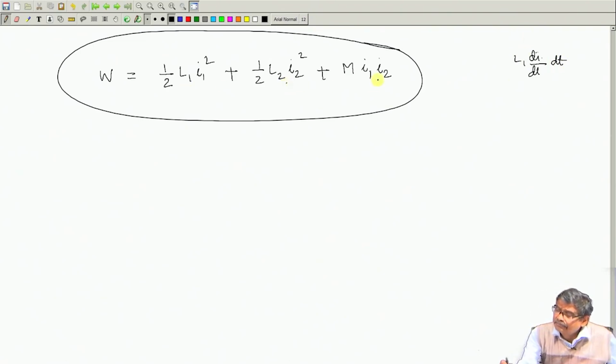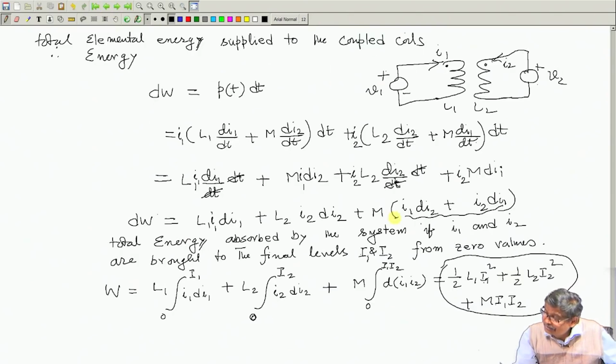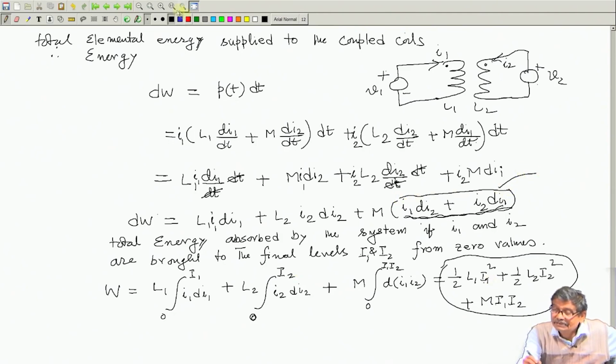Similarly, second term, and fortunately these two terms come in such a beautiful fashion that M I1 dI2 plus M I2 dI1 is nothing but M d(I1 I2), a perfect differential, product of two variables.